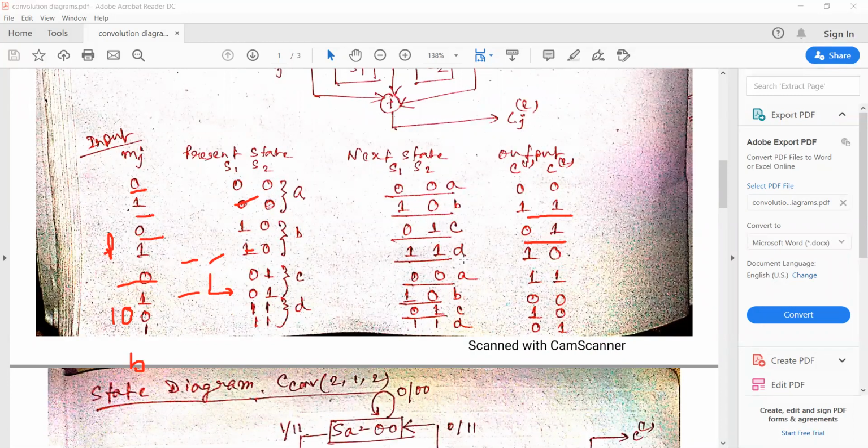So for present state B, the next states will be C and D. For present state A, the next states will be A and B. For present state C, the next states will be A and B. For present state D, the next states will be C and D. So in this way, you have to make the code tree. Okay, just let me erase it.